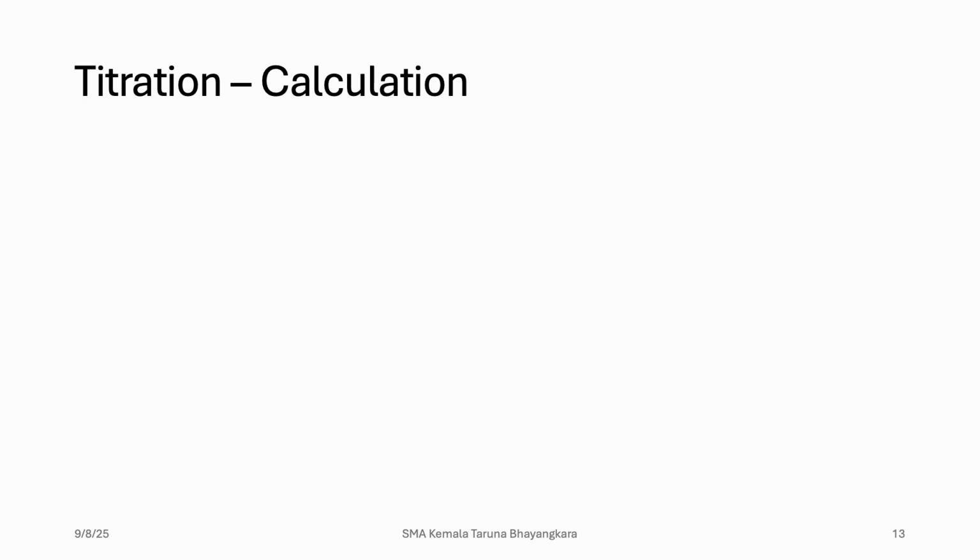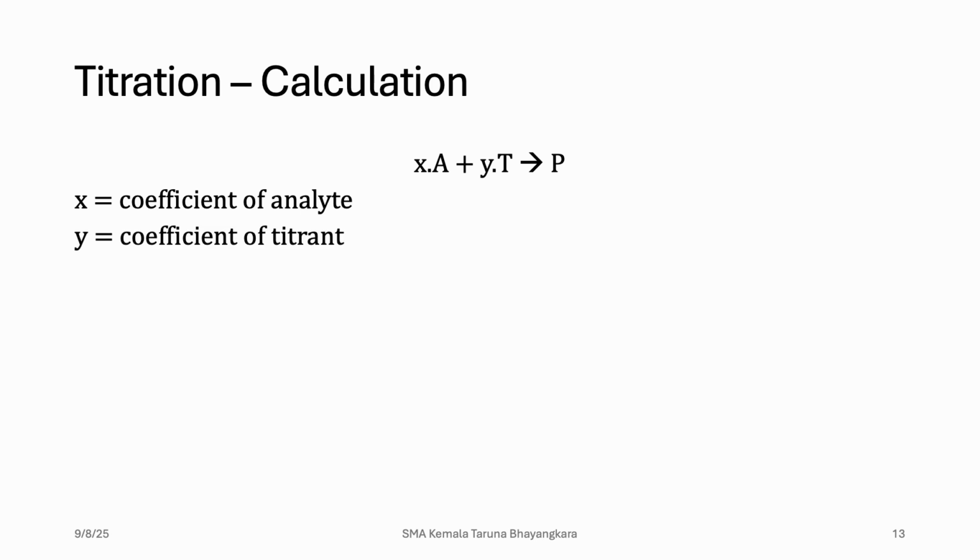Okay, titration calculation. Let's say the reaction is X A plus Y T forms P, where X is the coefficient of the analyte, Y is the coefficient of the titrant, A is the analyte, T is the titrant, and P is the product. So there will be a ratio: X over Y times moles of titrant equals moles of analyte.